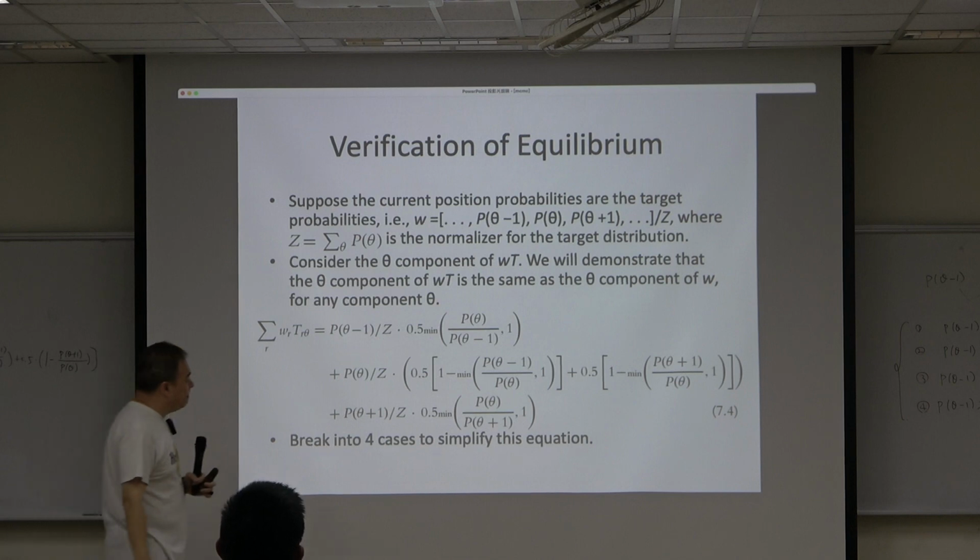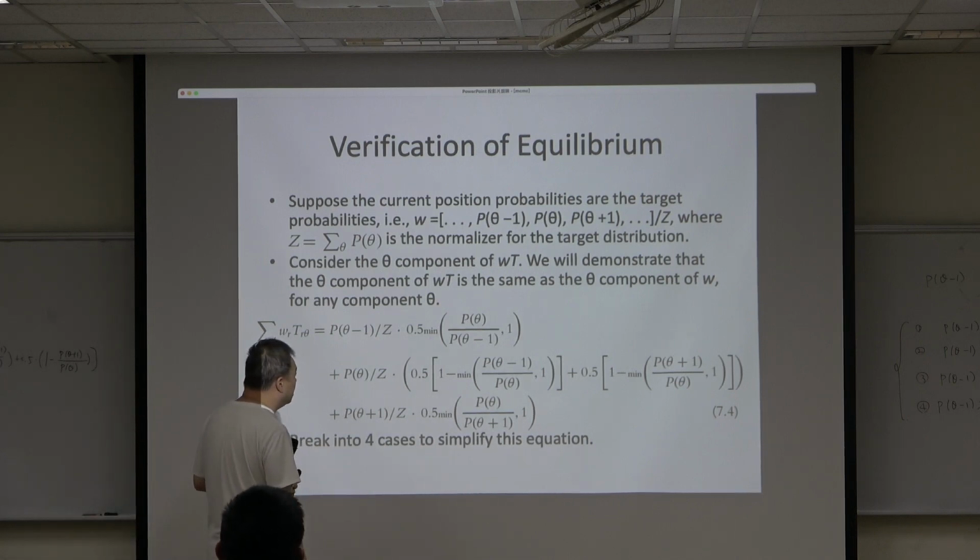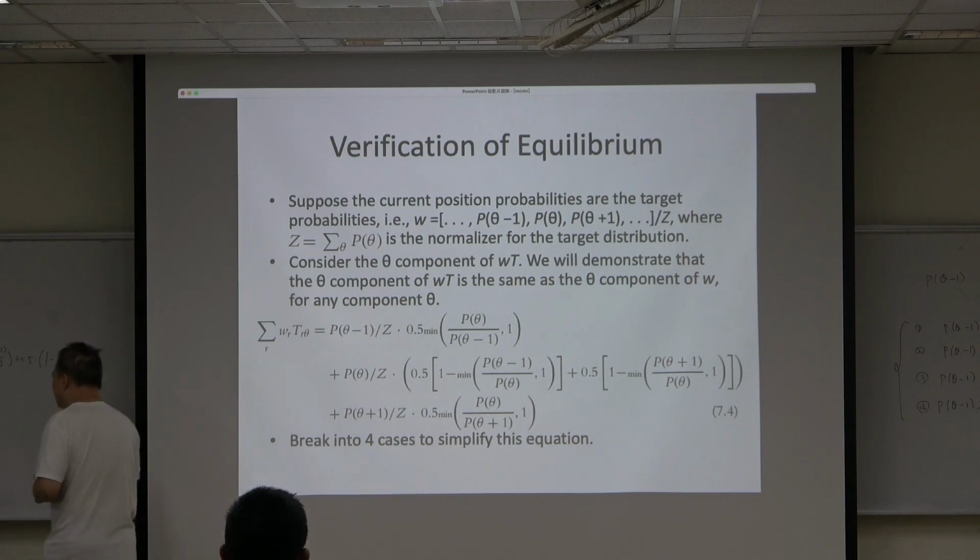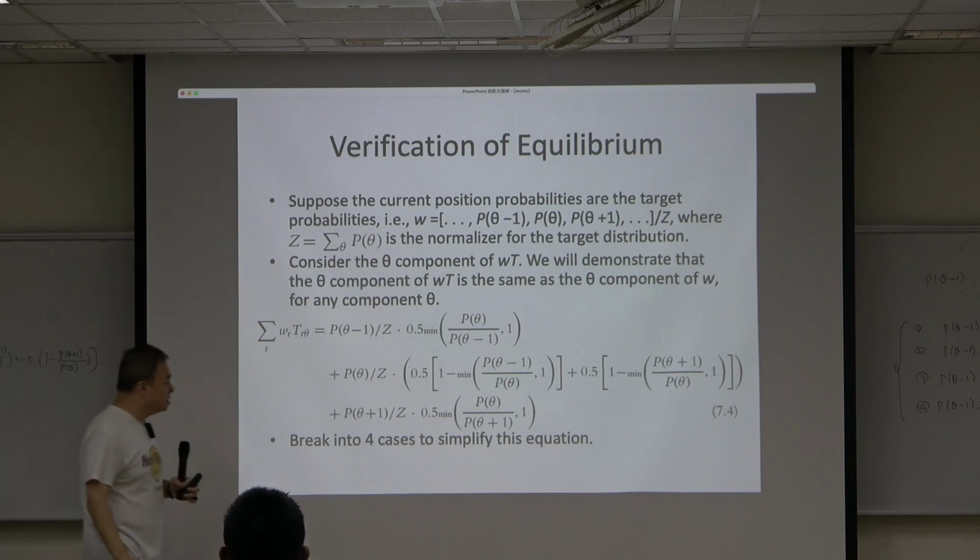Okay, and then the last term, plus p theta plus 1 divided by z times 0.5 times this one.